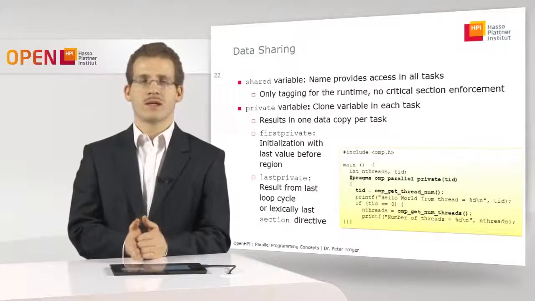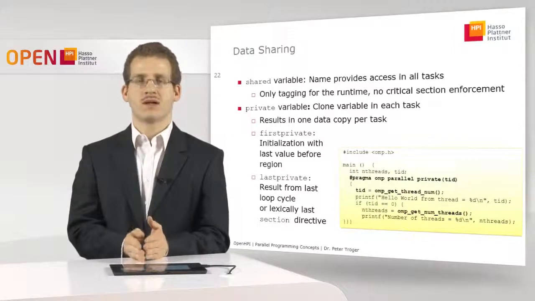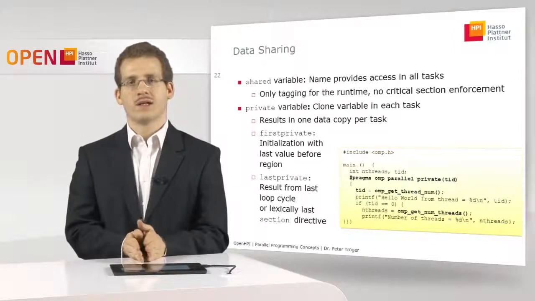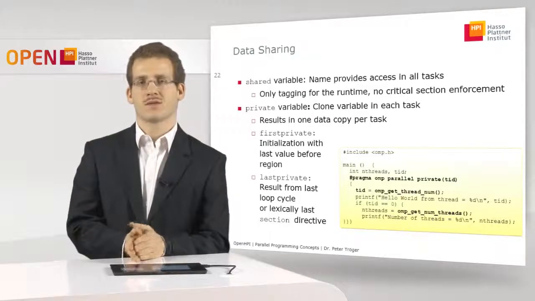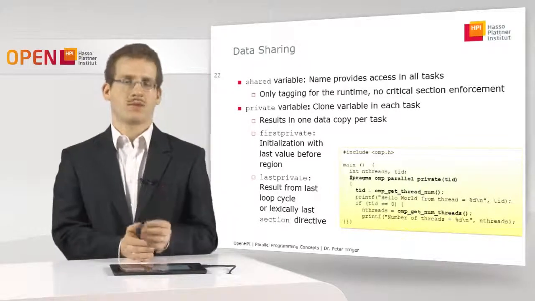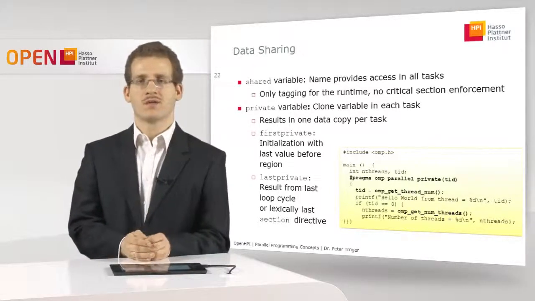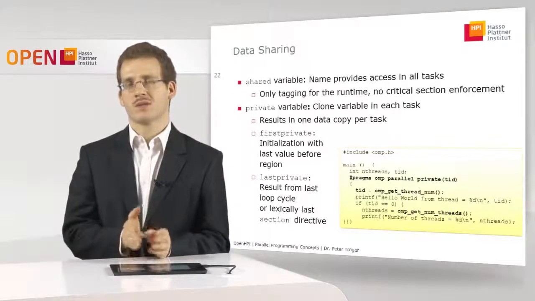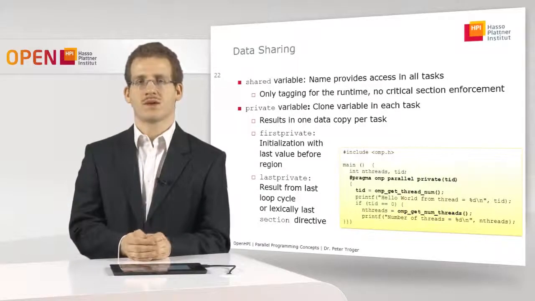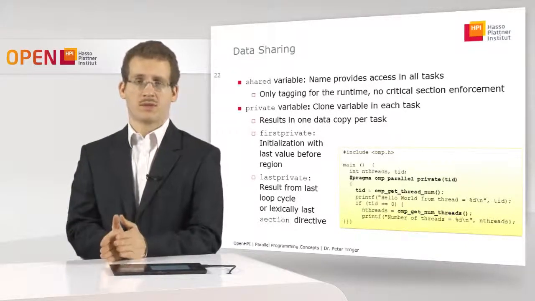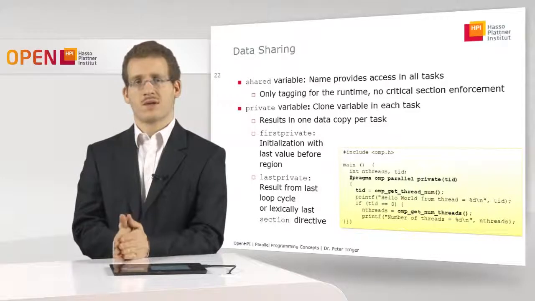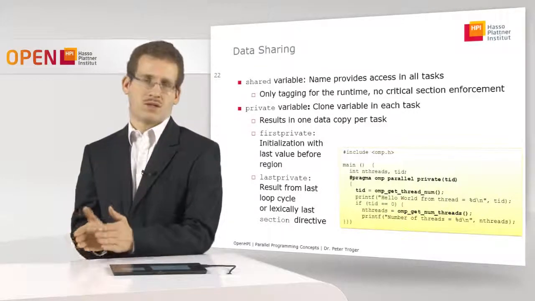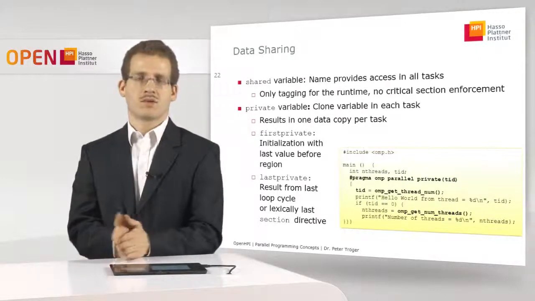A shared variable is something where you declare that a particular variable is used from different tasks. So the variable defined or referenced by the name should be available in all the tasks, and this is basically a tagging for the runtime. This is some kind of meta information for the runtime. It does not implement automated synchronization because this would be too much overhead. You may not need that synchronization, but it's only a small hint.